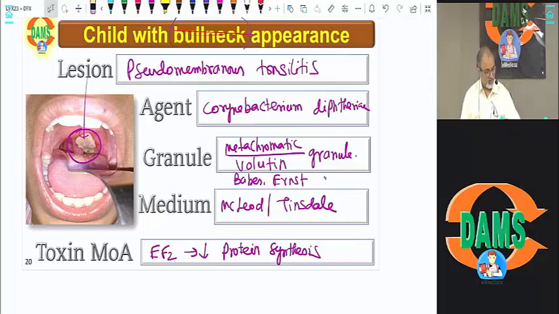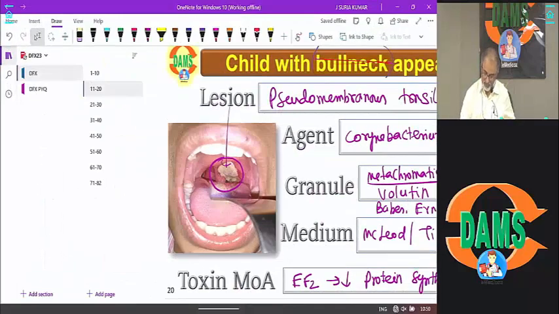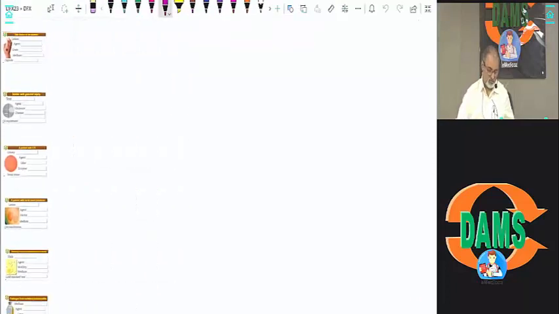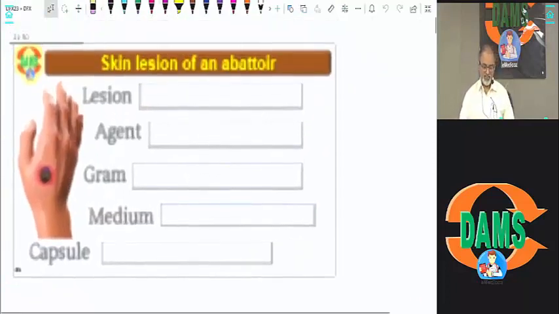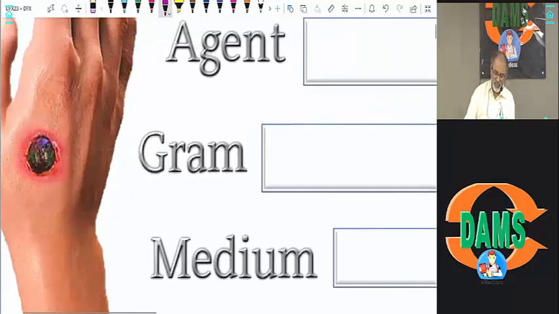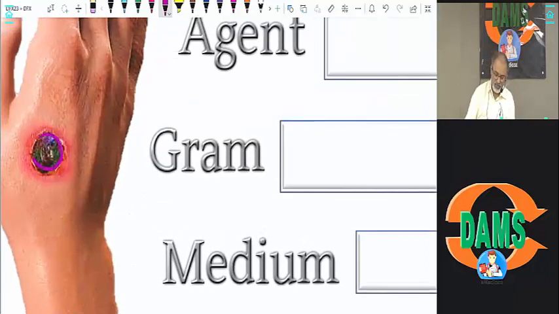See carefully here. Very interesting. Skin lesion of an abattoir worker. Where there is an abattoir, you should think of anthrax because it causes hide porter disease. What is the name of the lesion? Black necrosis in the center, peripheral inflammation.